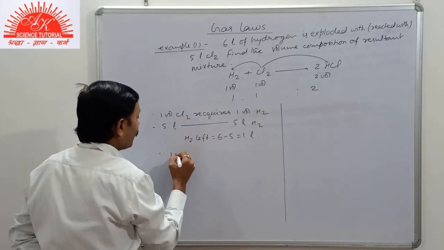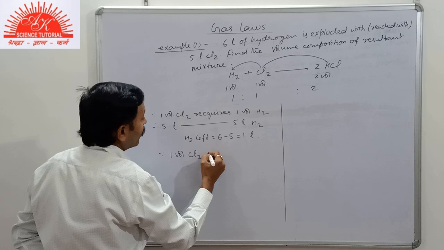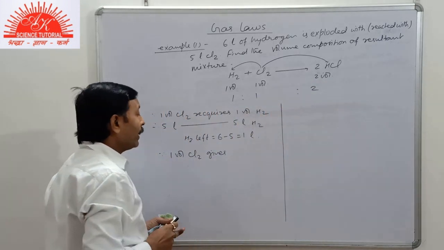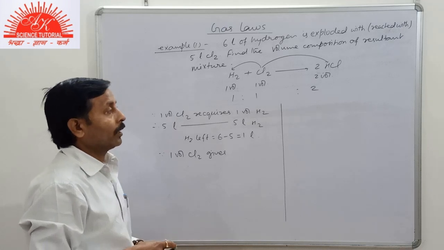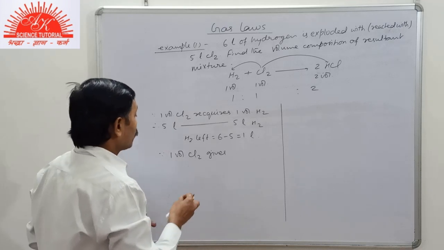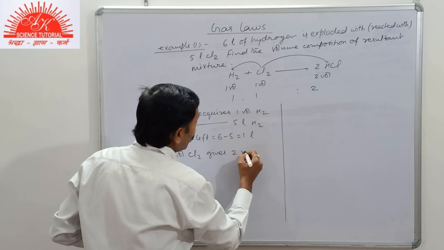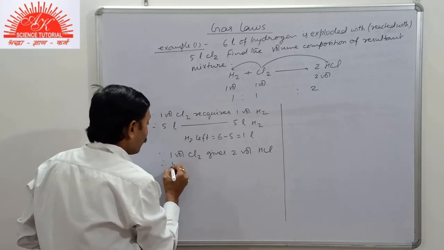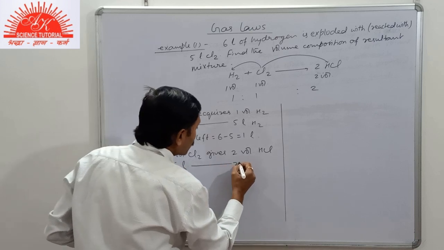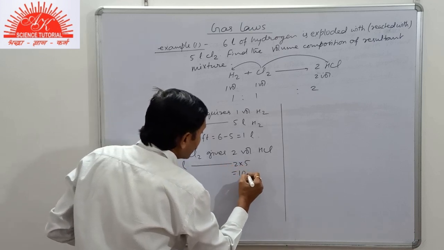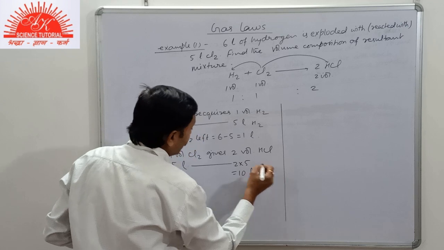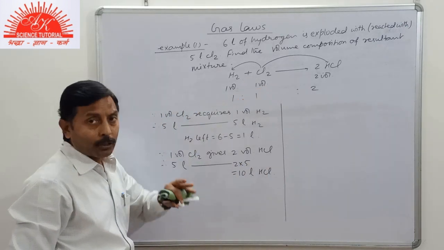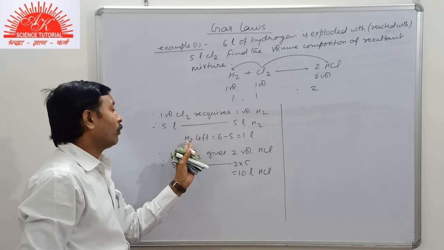Since one volume chlorine gives, since it is on the product side, we write gives or produces 2 volume HCl. As a result 5 liter chlorine gives 2 into 5, that is 10 liter of HCl.